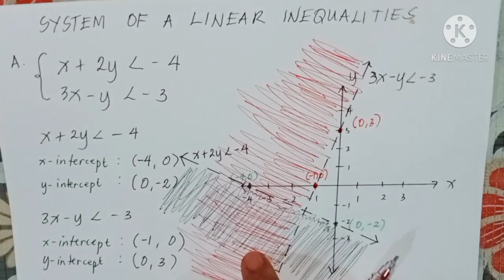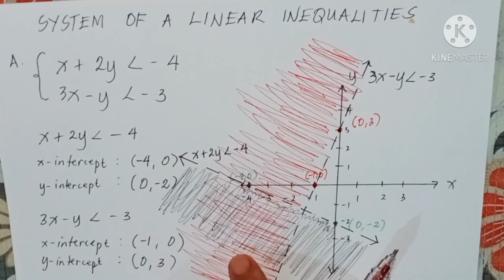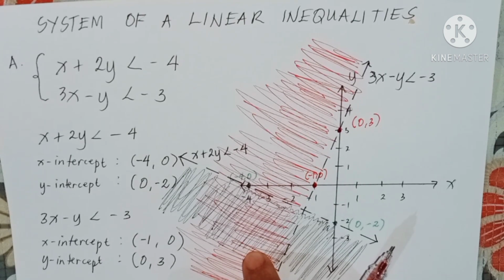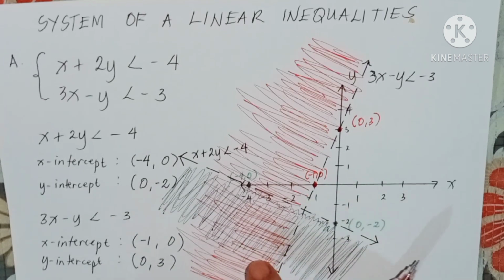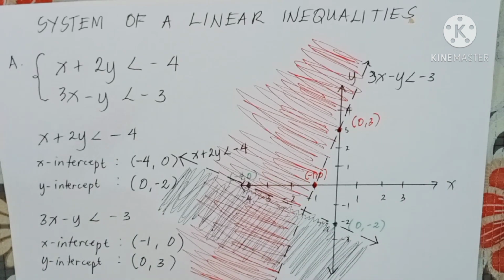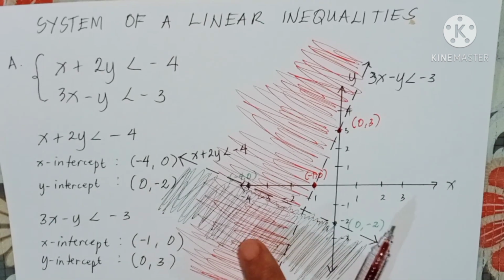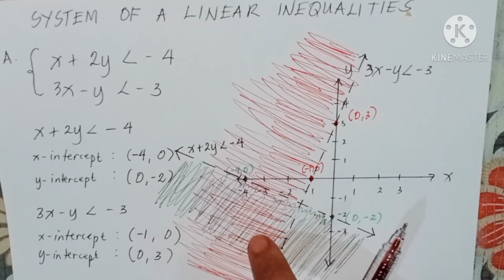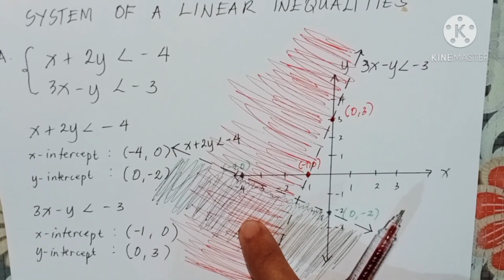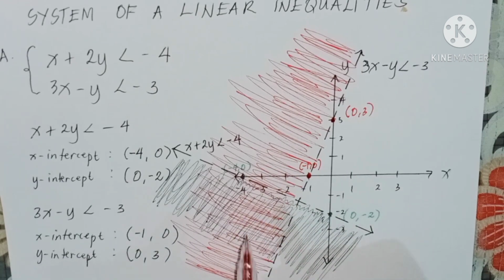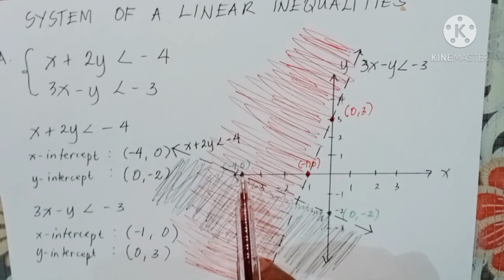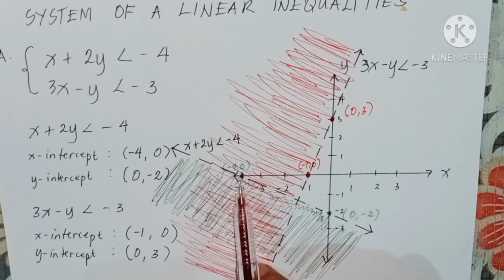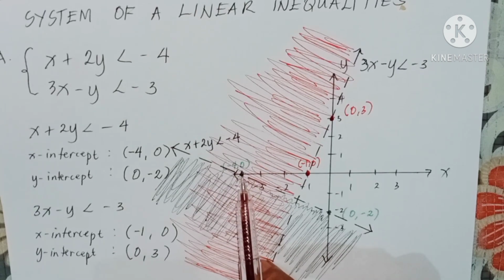So by graphing, you have to show that there is a double shaded, the overlapping part. Okay, so we're going to get 1 point, 1 ordered pair in this shaded region. So I may use negative 5, 0.